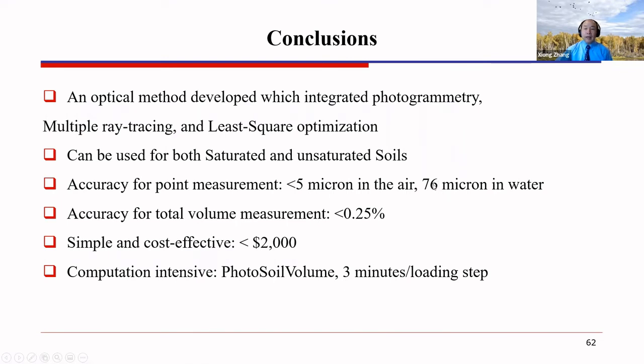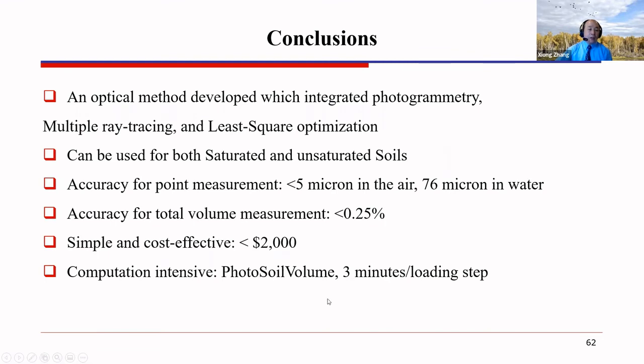This number is about the ability of the human eye to see the difference, which means as long as you can see there is a small movement, we can measure it. The accuracy for the total volume measurements is less than 0.25%. And it's simple and cost effective.